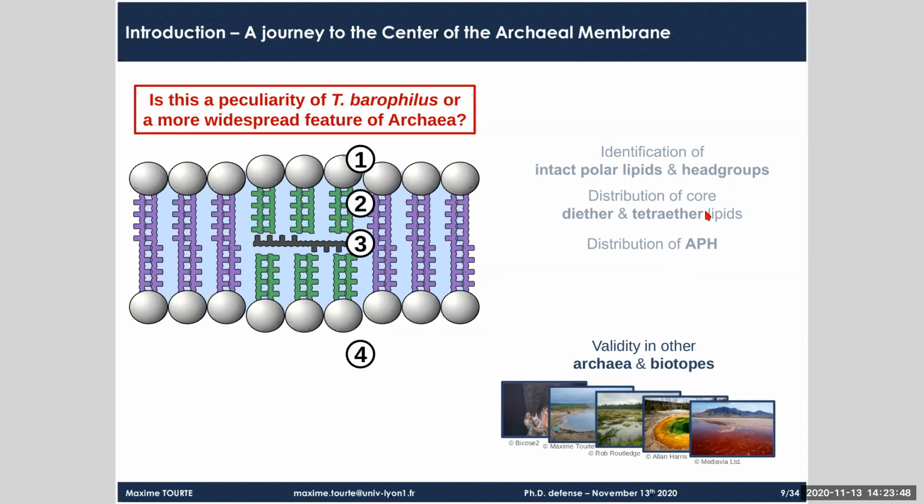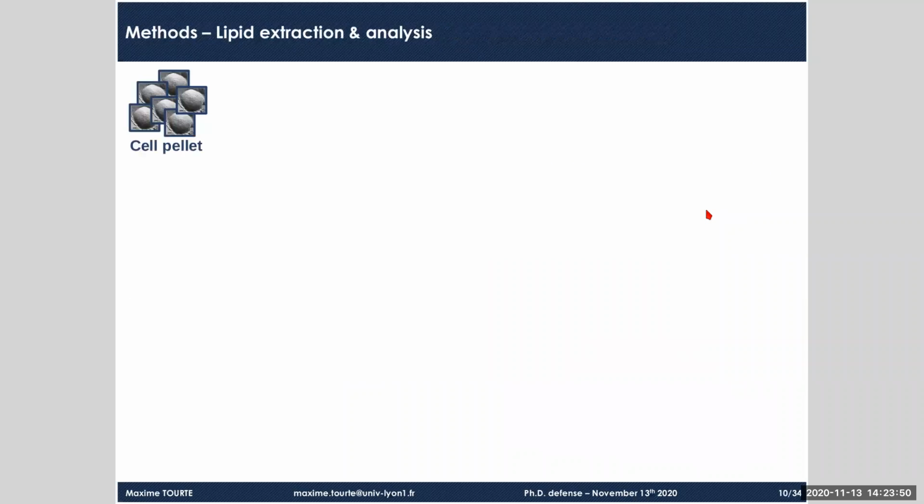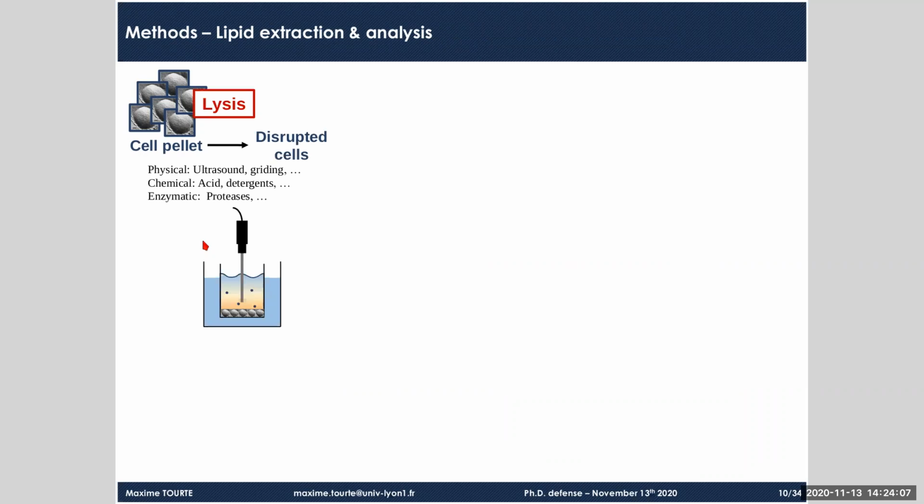But before diving into my results, I just want to make a quick point about the methodologies that we used to analyze lipids. So first, we started from a cell pellet here that we grew in the conditions that we wanted to test. And the first step is to completely destroy the integrity of the cell and disrupt these cells in order to extract the lipids. So this can be done by several physical, chemical, or enzymatic methods.